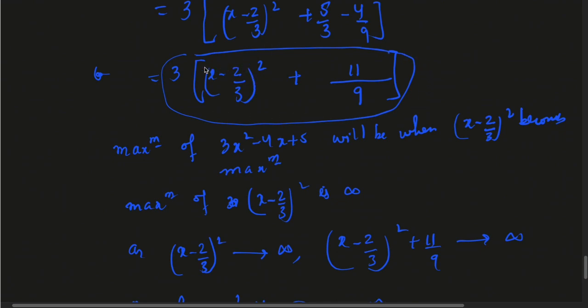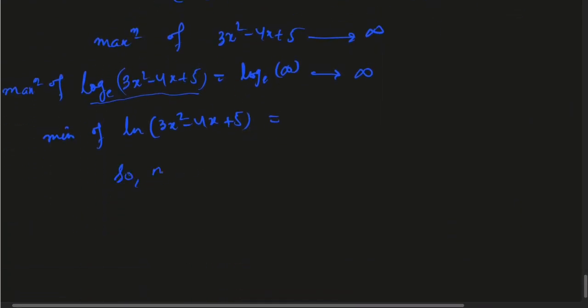See, this is a non-negative number. This is either 0 or greater than or equal to 0. So this term will be minimum when this value is equal to 0, because if it is not equal to 0, it will be greater than 0. So we will find the minimum when this term becomes 0.